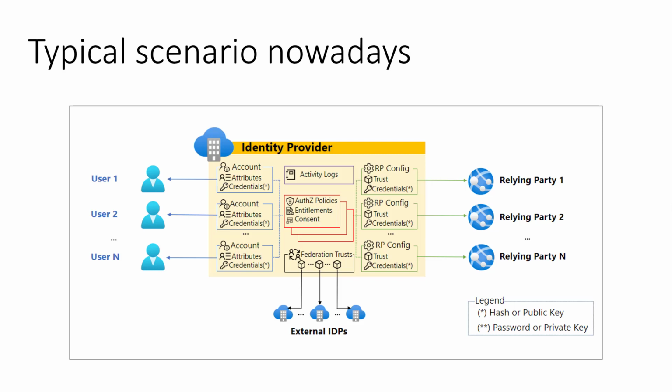This is perfectly fine, but there are a bunch of scenarios where this centralized approach with an identity provider cannot scale and is limited, to be honest. Let me give an example. Let's say that I live in one of the countries and there are multiple services and organizations in this country.